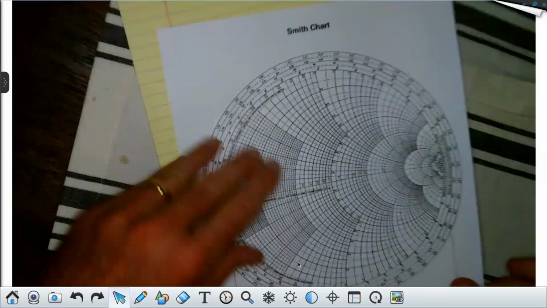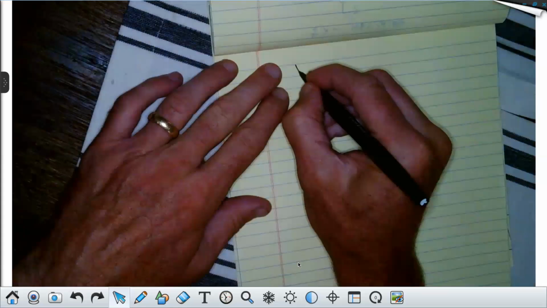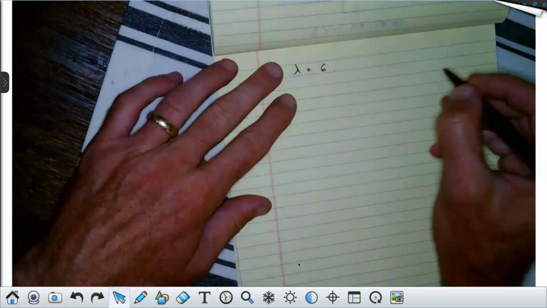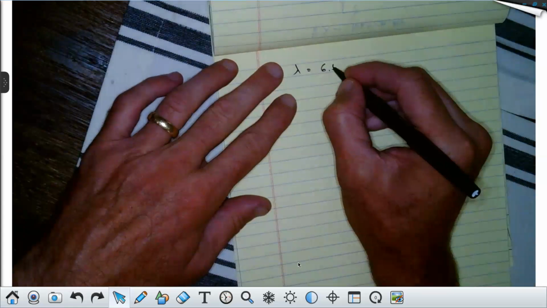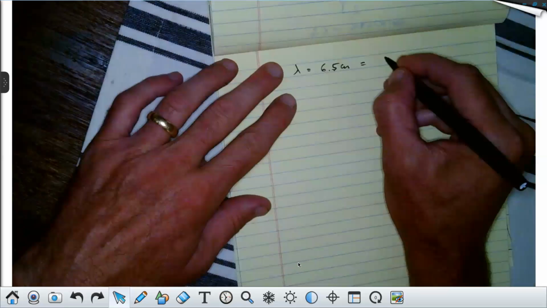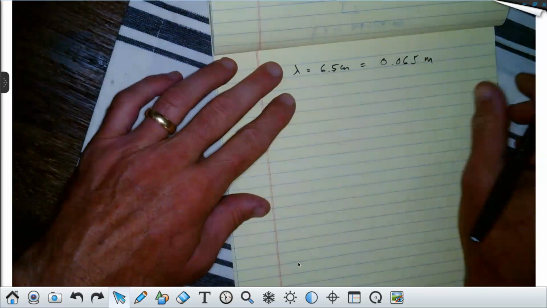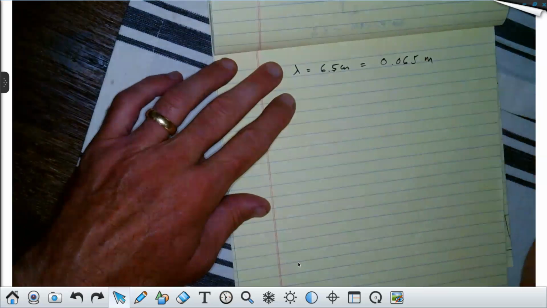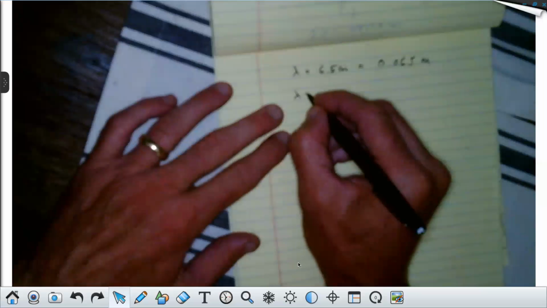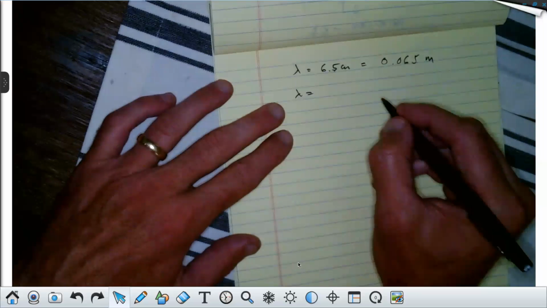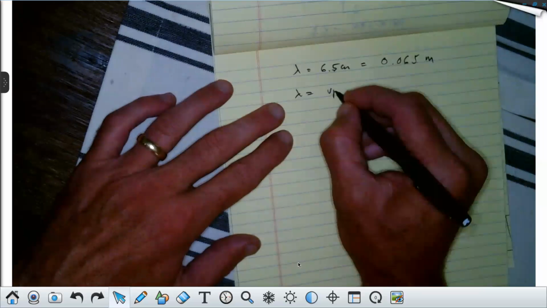Now, if it's 6.5 centimeters, then what happens? Well, I know I have lambda. And is that air-filled, by the way? Airline. So it's in air, so the velocity is the speed of light. So I know lambda is equal to 6.5 centimeters or 0.065 meters. Correct, everyone? And what is lambda? Well, wavelength is always the phase velocity over f if we're lossless.